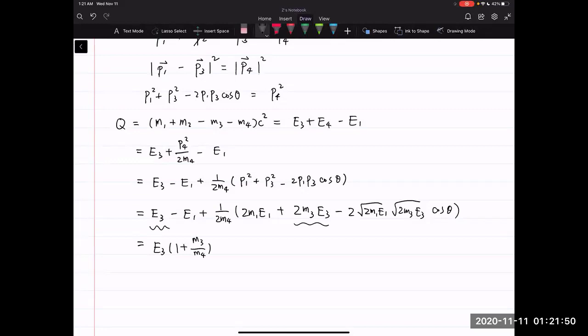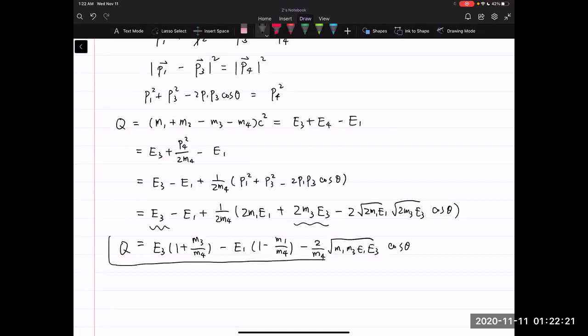Same thing for E1, that would be minus E1 times 1 minus M1 over M4. And the cross term will be 2 over M4 times the square root of M1 M3 E1 E3 cosine theta. So Q is equal to this, and this is the so-called Q equation.